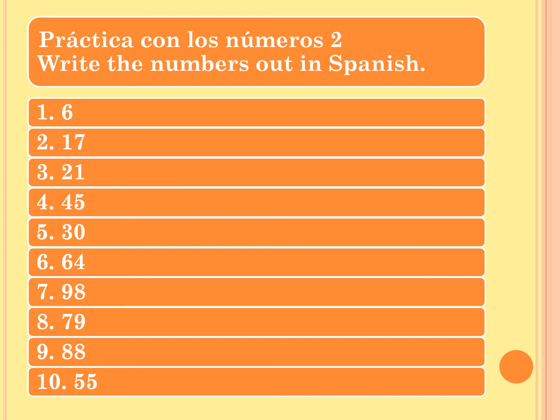All right, let's take a look at another practice activity. Here, see if you can write out the numbers in Spanish. I'll give you about 10 seconds to work. Pause the video if you need more time, and I'll give you the answers.